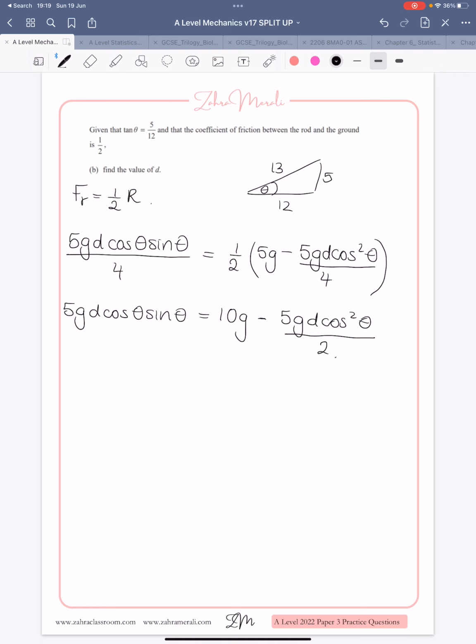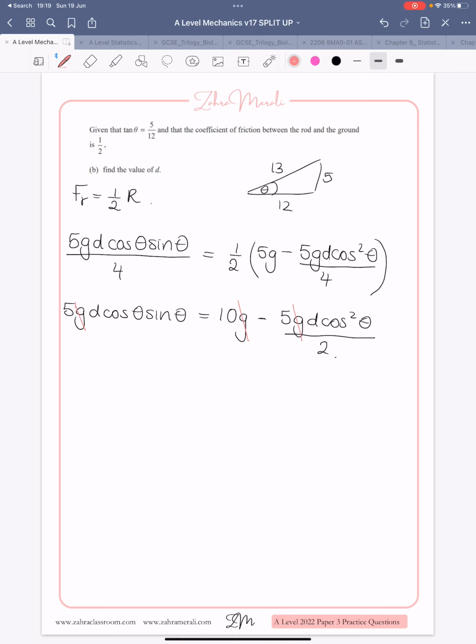And now I can see what's inside everything and cancel out to make the calculation easy to then be able to use the tan theta. So what do we have in everything? We've got a G in everything. We can get rid of that.